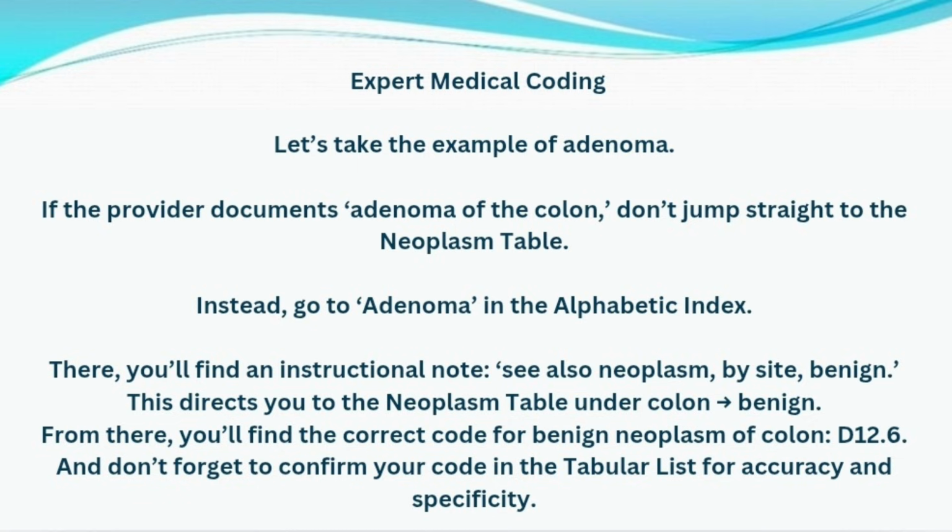Instead, go to adenoma in the alphabetical index. There you'll find an instructional note, see also neoplasm by site, benign. This directs you to the neoplasm table under colon, benign. From there, you'll find the correct code for benign neoplasm of colon, that is D12.6. And don't forget to confirm your code in the tabular list for accuracy and specificity.